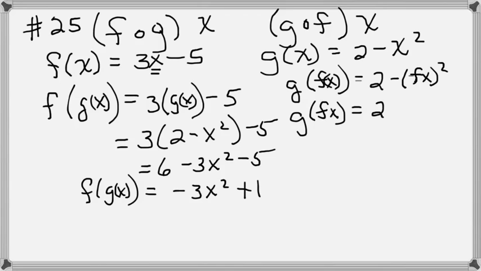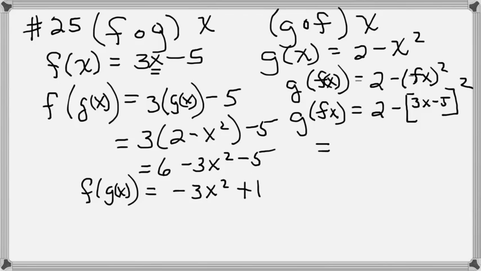And I'm going to say 2 minus, I'm going to open up a bracket here. And I'm going to put, what was f of x? 3x minus 5. Close my bracket. And make sure I square it. Follow my order of operations.